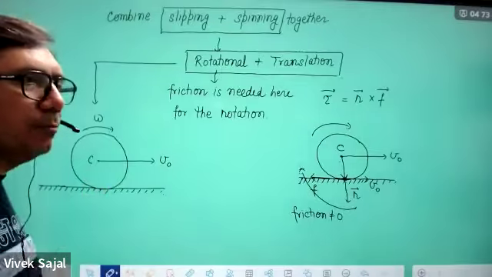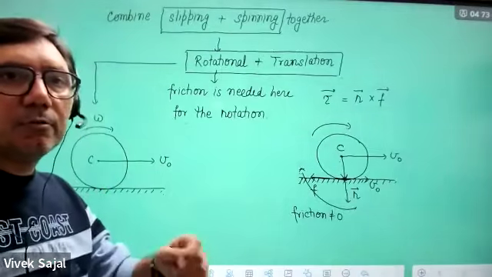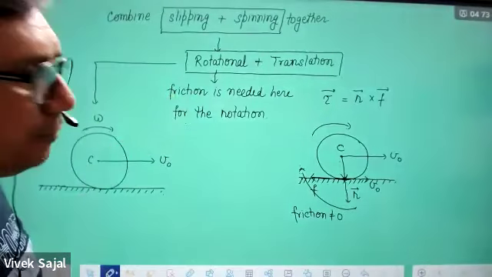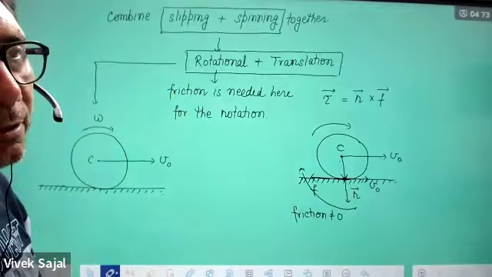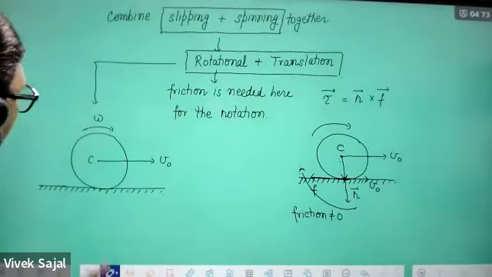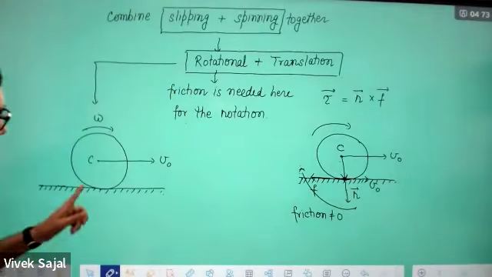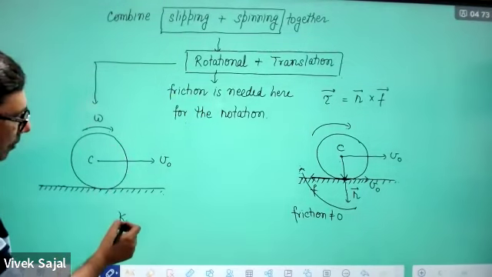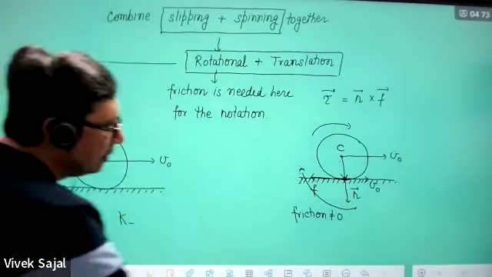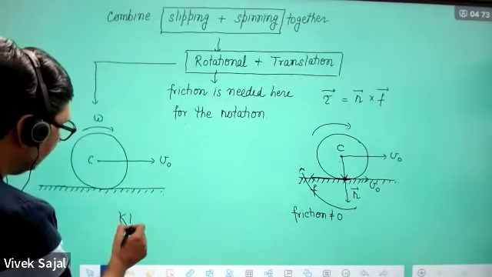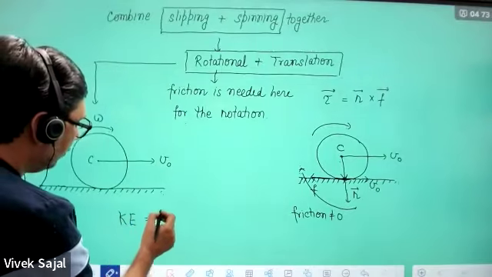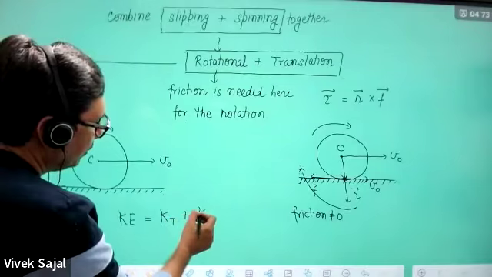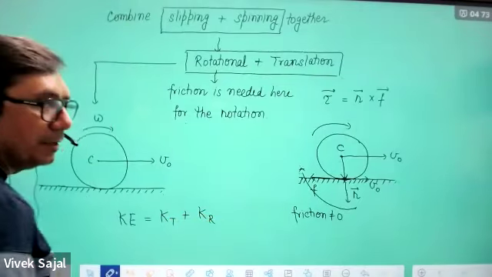But if you need this type of motion where both translational motion and rotational motion are present, what is needed? Friction is needed for this type of motion. So both rotational motion and translational motion will be there. What will be the total kinetic energy? Total kinetic energy will be equal to translational kinetic energy plus rotational kinetic energy, KT plus KR.